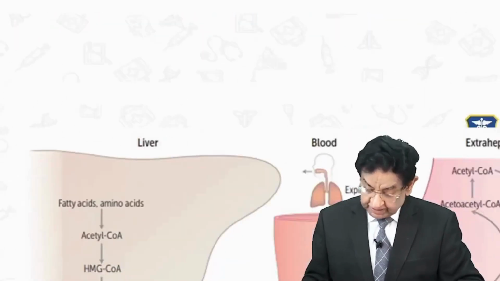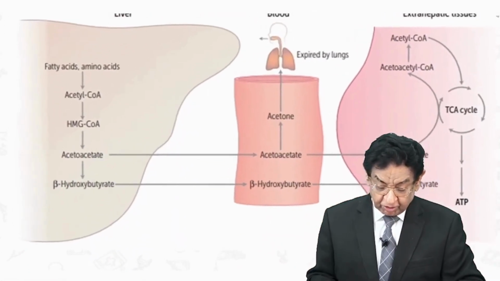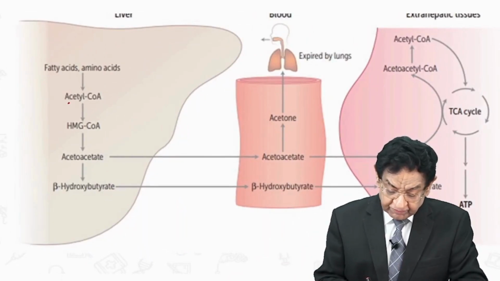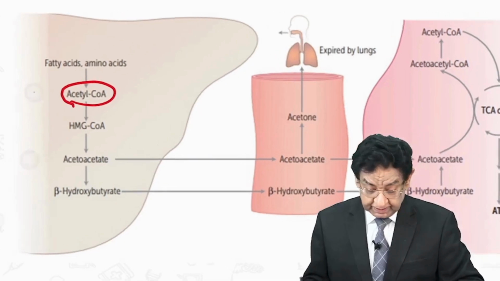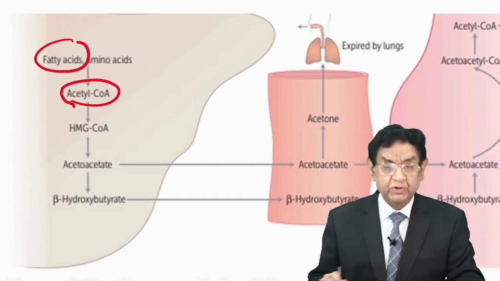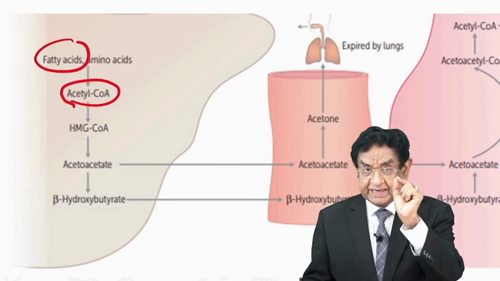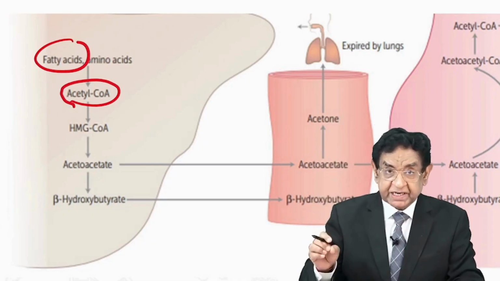Okay. Now again, a little bit more. Now this will really clear all your problems. So what I told you is that we are getting a lot of acetyl coenzyme A. Let me focus on fatty acid. Remember, fatty acid was degraded via the carnitine shuttle.